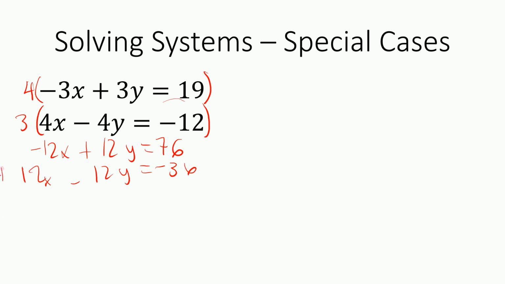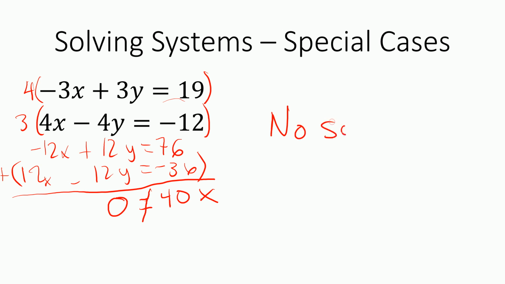So now I'm going to add these because that'll eliminate a variable, but you can kind of see what's going to happen here. Negative 12x plus 12x, that's 0. 12y plus negative 12y, that's also 0. Everything's 0 over here, so I'm going to put a 0. 76 minus 36, that is 40. 0 does not equal 40. That is not a true statement.